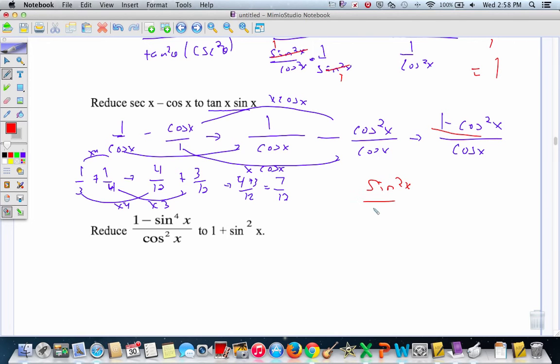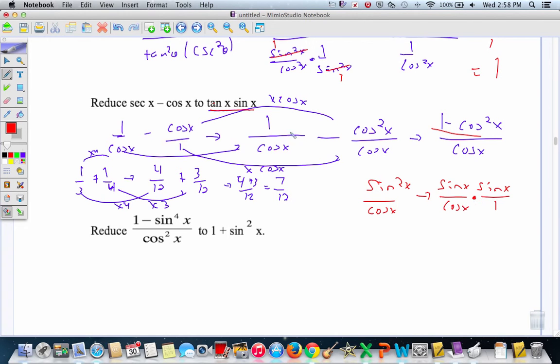Okay, so to continue on here, 1 minus cosine squared is a Pythagorean identity of sine squared. So we'll make that substitution. And then all that's left to do is manipulate that to become what we want. If we recognize on that front sheet, tangent is sine over cosine. So I'm going to rewrite my sine squared as sine times sine and put one of those over cosine and one of those over 1.